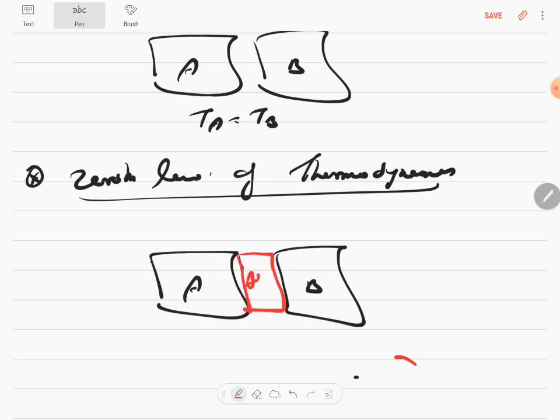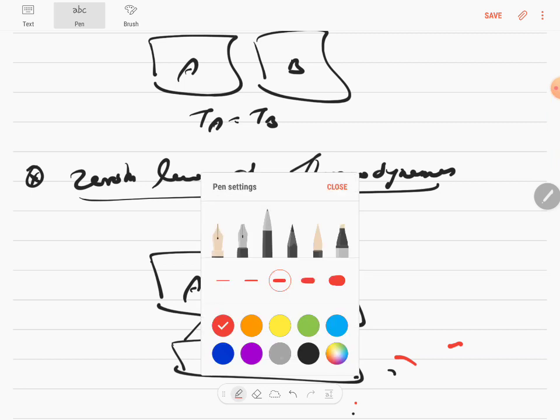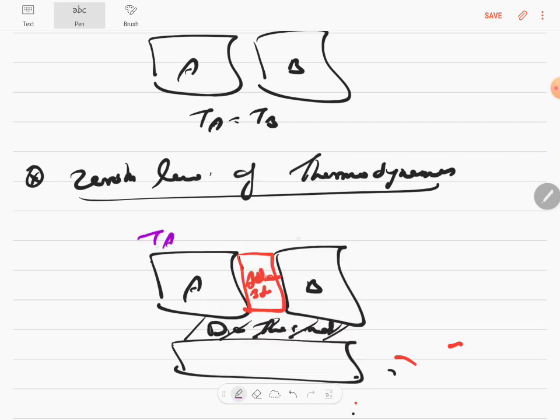There is a system C, between which there is a diathermal wall. Diathermal means conducting wall. Adiabatic wall means non-conducting. So the temperature of this is TA, this is TB, and this is TC.